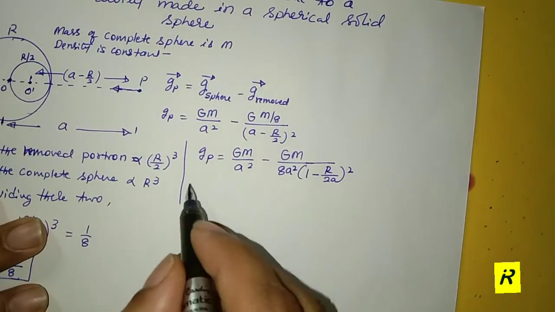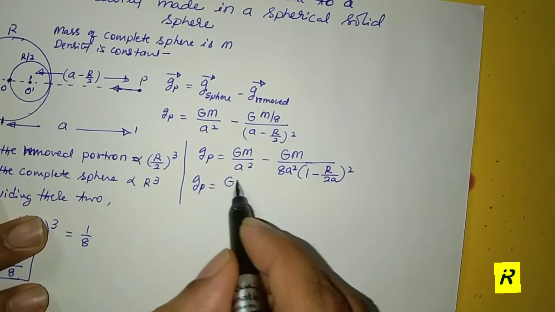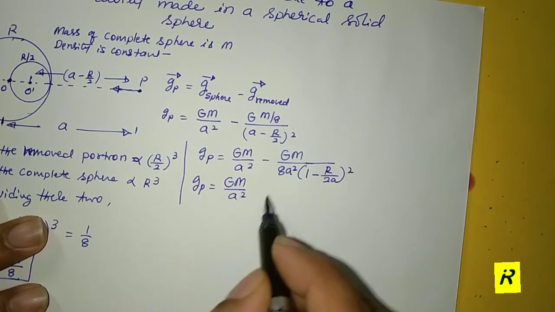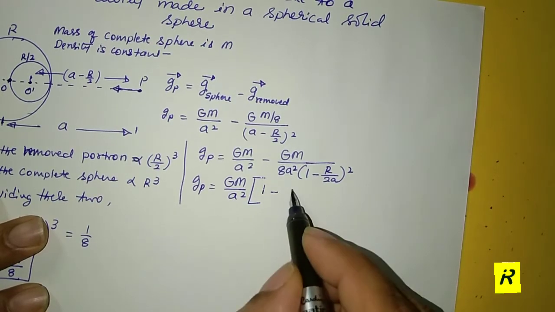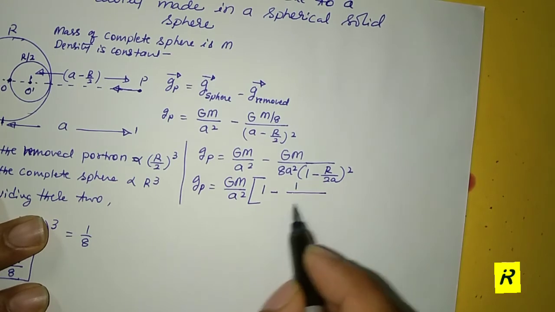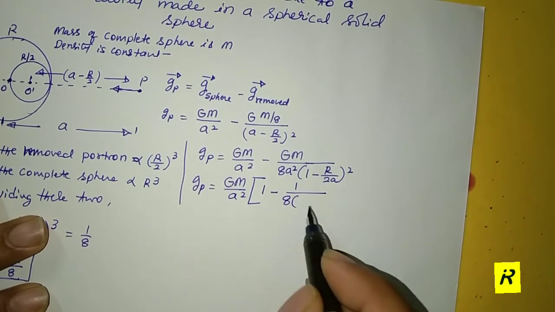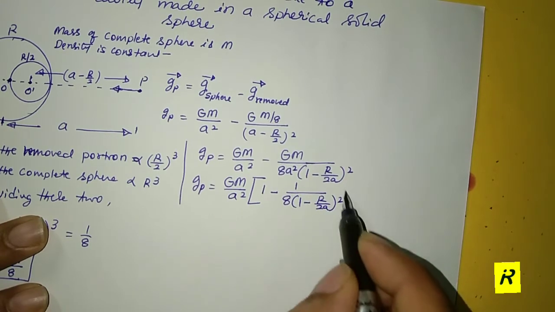So now I can take out Gp is equal to GM divided by a square as the common term in these two terms. So that means 1 minus 1 divided by 8, in the bracket it is r divided by 2a whole square.